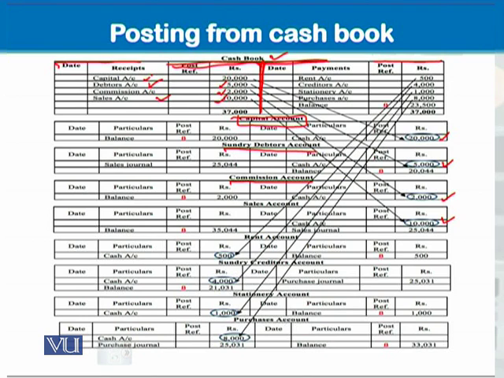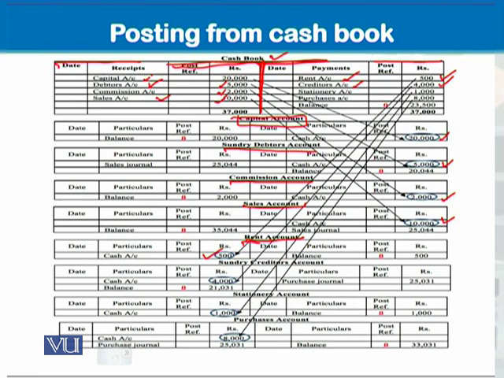In the same way, come in the payment side. We paid 500 rent. Okay. Go to the rent account, and this in the debit side, since it was appearing in the credit side of cash book.